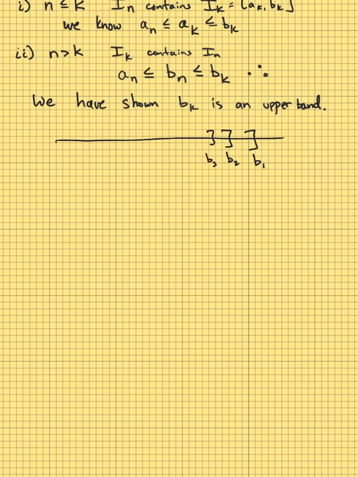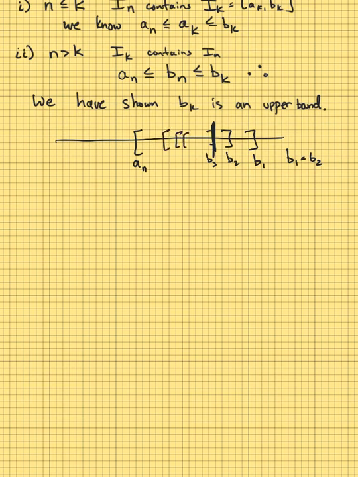Of course, it doesn't have to be strictly decreasing. I know that b1 could equal b2, for example. But every one of these b sub i's is an upper bound for every single a sub n, right?